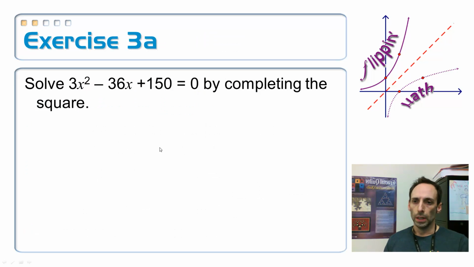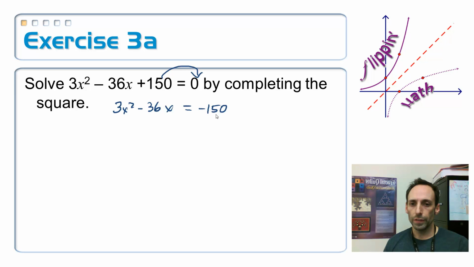So I've got 3x squared minus 36x plus 150. Go ahead and write it down. 3x squared minus 36x, but I'm going to subtract that over there. Let's get that step out of the way. Equals negative 150. Now, one complication is that we have a 3 out front. We didn't have the 3 out front before.